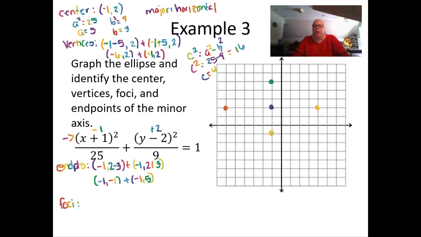Now remember, our foci go on our major axis. And the center is (-1, 2). So we're going to have -1 minus 4, 2 and -1 plus 4, 2. So the foci will go at (-5, 2) and also (3, 2).